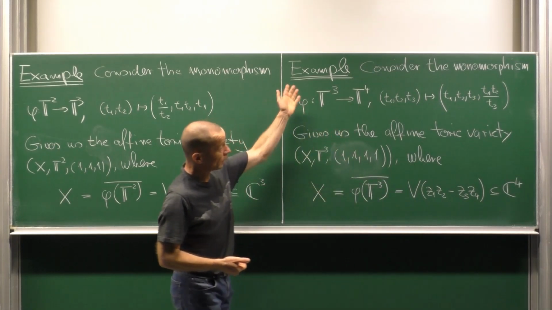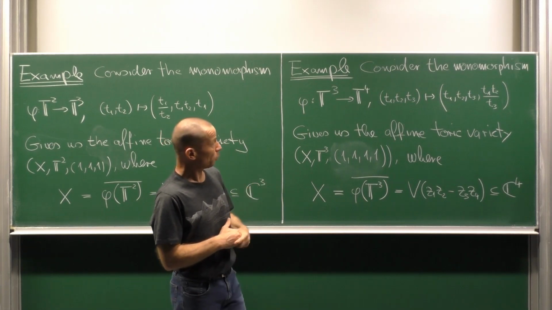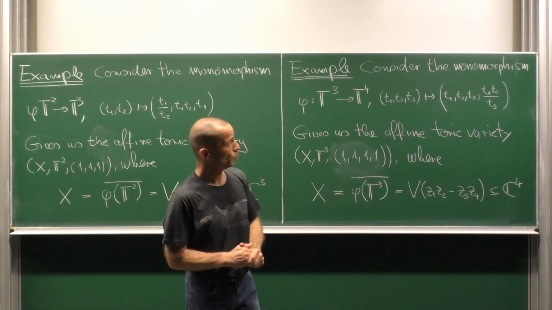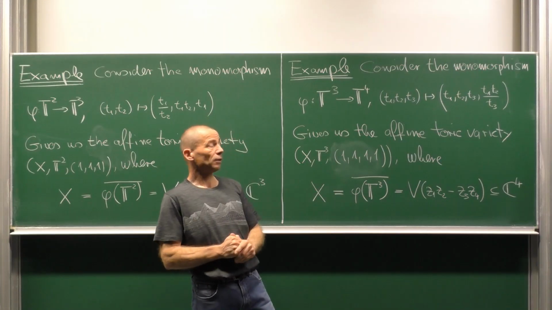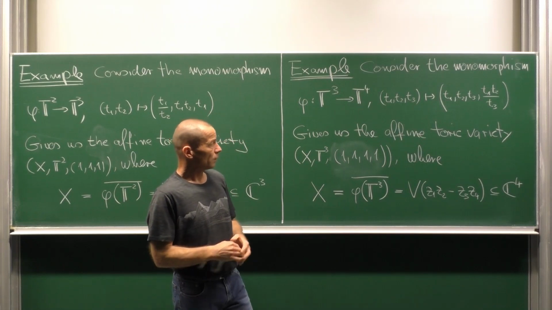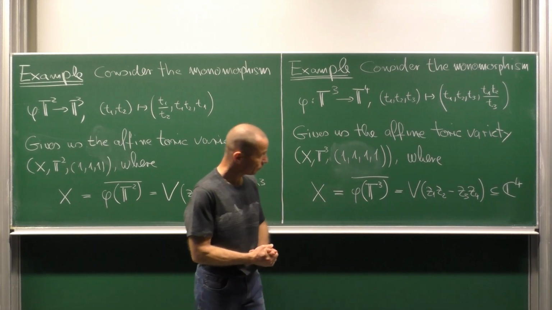Similarly, we can go one dimension higher, and look at the monomorphism of tori sending (T1, T2, T3) to (T1, T2, T3, T1 T2/T3). This gives us an affine toric variety X, passing to the closure.